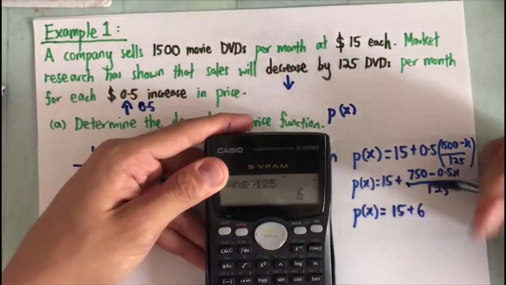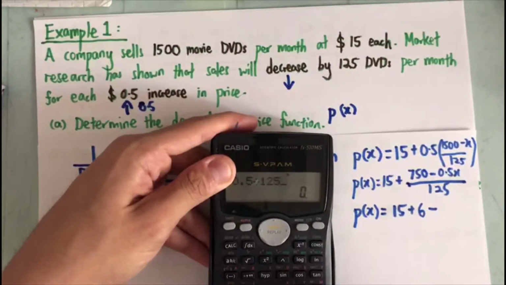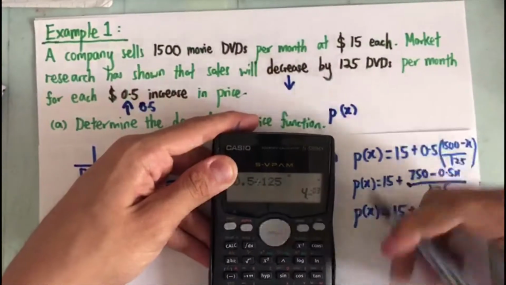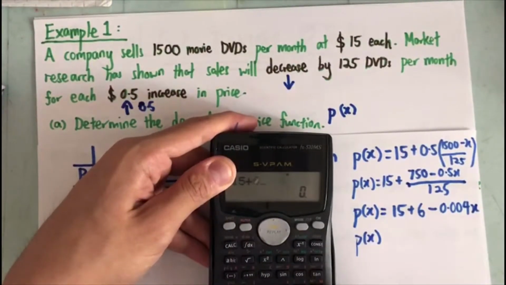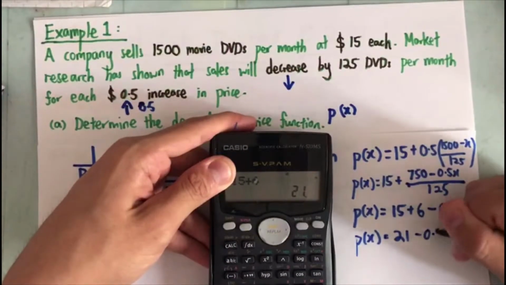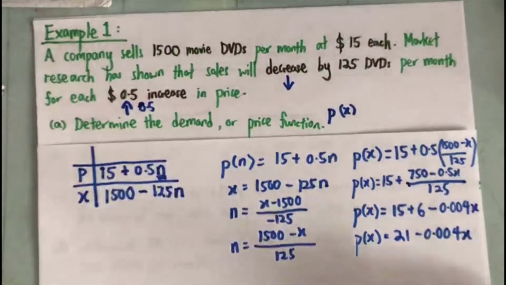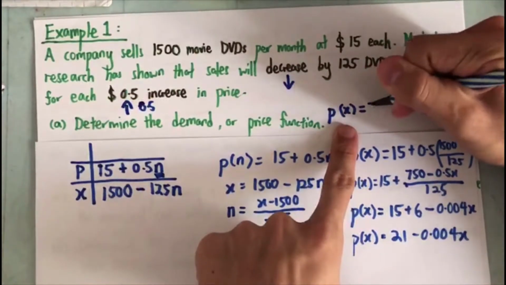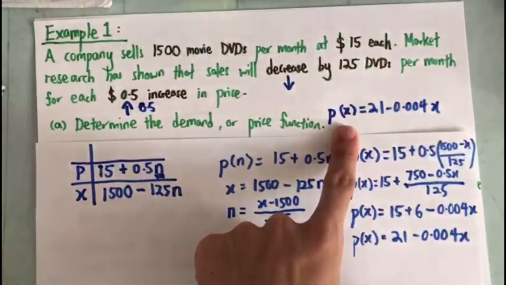So 6 minus 0.5 divided by 125, which is 0.004x. And then further simplify it, 15 plus 6 is 21 minus 0.004x. This is the price function. So this is the answer. Let's shift it here. That's all.